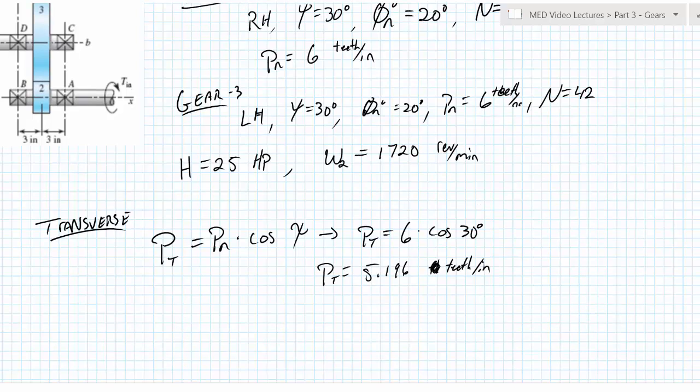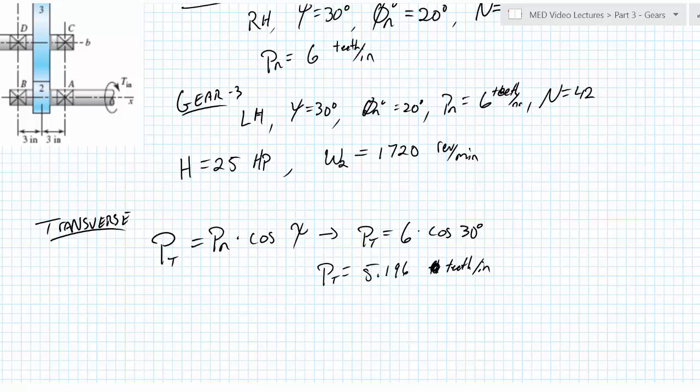So the transverse pitch is going to be a little bit less than the normal pitch. This makes sense because we're getting more teeth around the circle, since they're at an angle, than we would if they were just normal. The transverse pitch and the normal pitch of a spur gear, when the helical angle is 0, are the same thing.